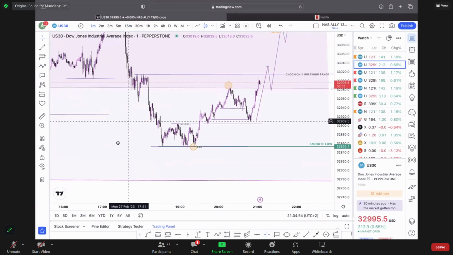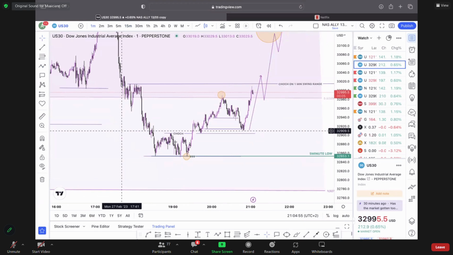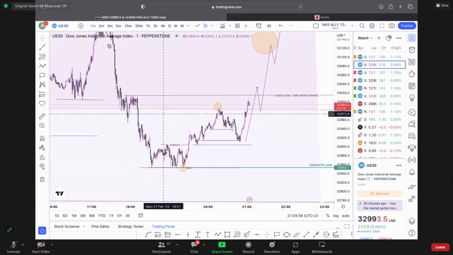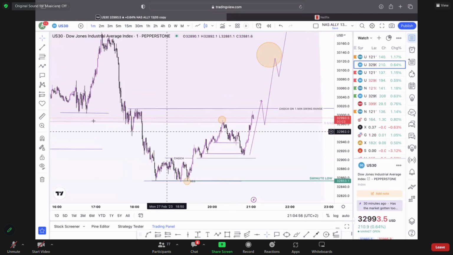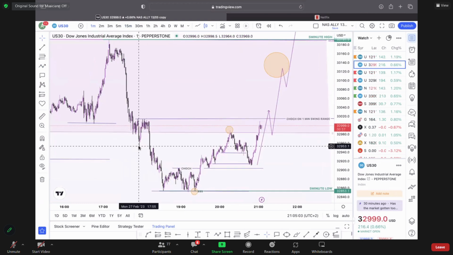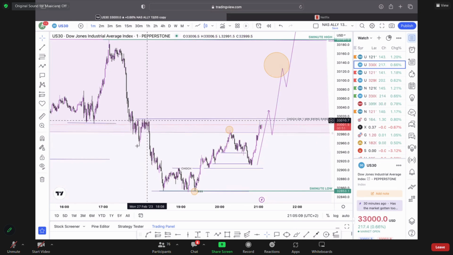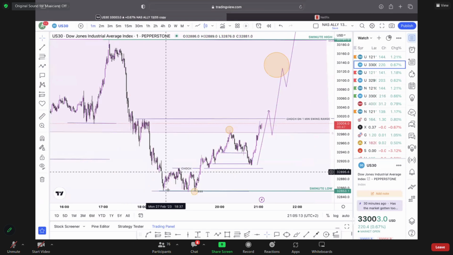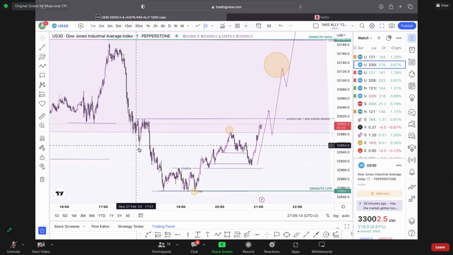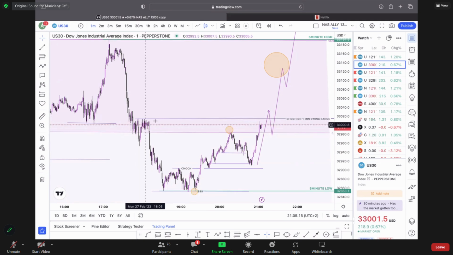Yes, so on the 1 minute, this was the highest point that the market went before taking out this low in order to create this new low. So that was my swing range. And then the market pulled back and then it took out this low. So this was the highest that the market went before taking out that previous low. So that's why this becomes my 1 minute swing range.